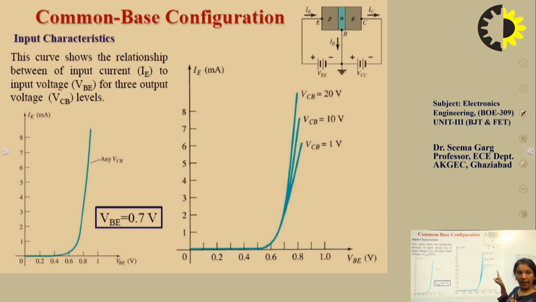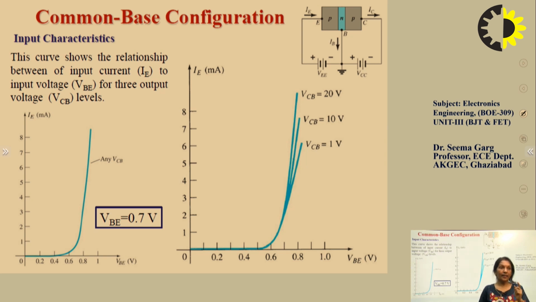Here it is very important to see that although we are changing the collector-to-base reverse voltage from 1 volt to 10 volt to 20 volt, the curve is almost the same. This is the 3D picture. That is why you can see three diagrams, but actually they are almost overlapping each other. What is the reason?